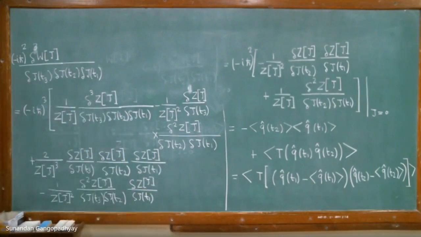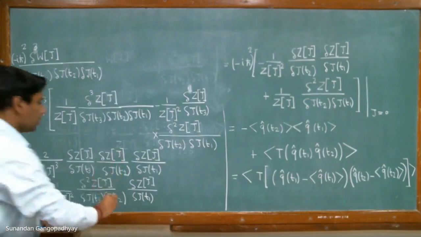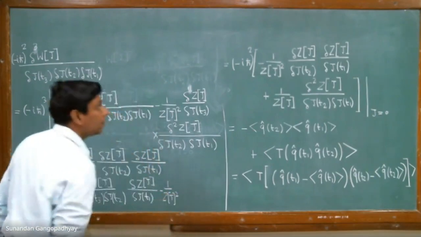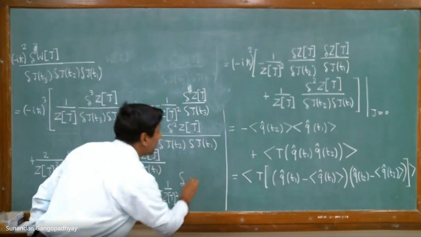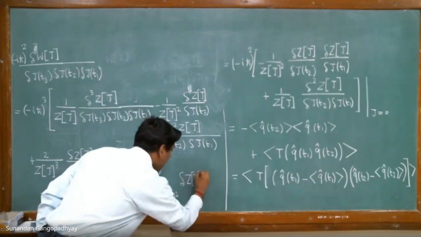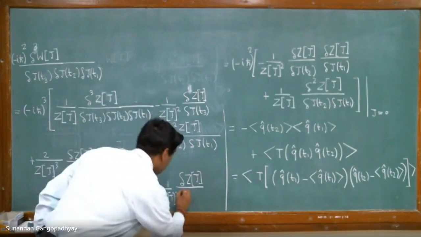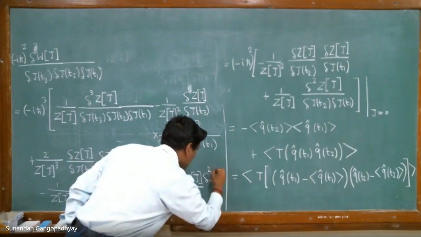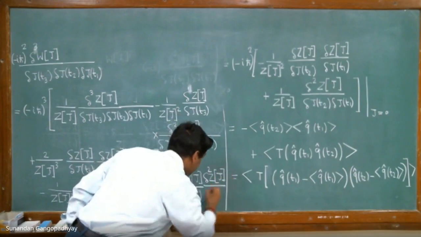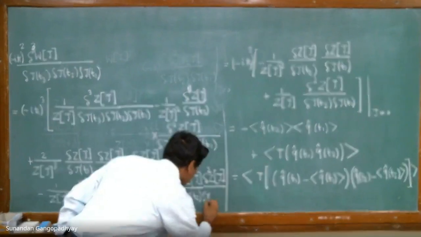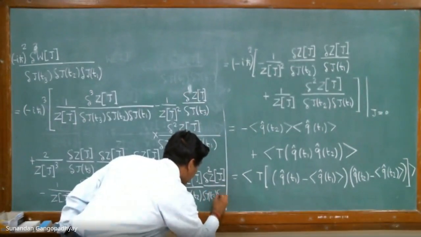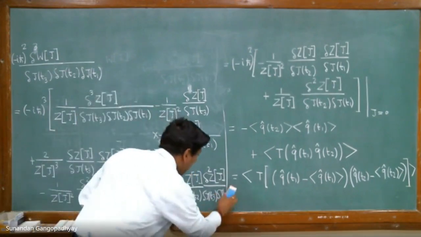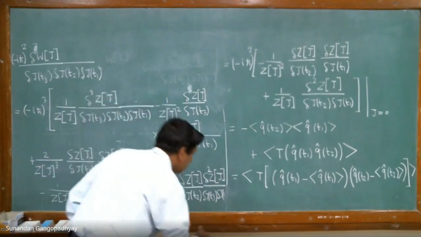This is one of the terms, and then there is only one more term left, that is 1 by Zj square del Zj by del j at T3 and j at T1.